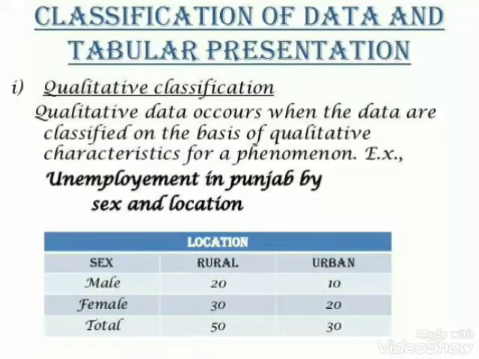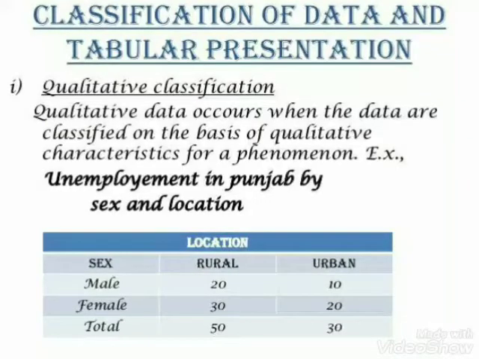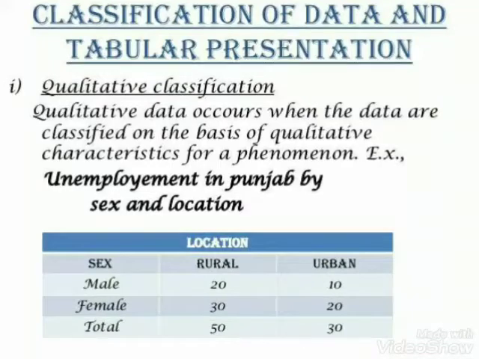For example, let's take data of unemployment related to rural and urban areas. If you all can see, here I have taken the data of unemployment in Punjab on the basis of sex and location. On one side I have taken male and female, and on the other side we have classified the data on the basis of rural area and urban area.